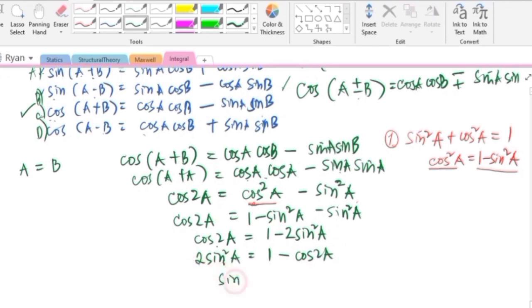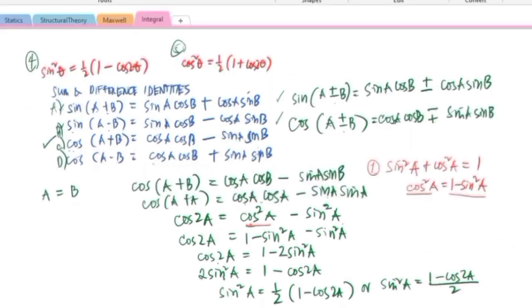So I would have sine squared A is equal to 1/2 (1 minus cosine 2A), wherein pwede naman natin siyang isulat sa ganitong form: sine squared A is equal to (1 minus cosine 2A) over 2. Pareho lang naman yon. So yung identity na nakuha natin is just your formula number 4, which says that sine squared of theta, so yung A, papalitan natin ng theta, is equal to 1/2 (1 minus cosine 2 theta).